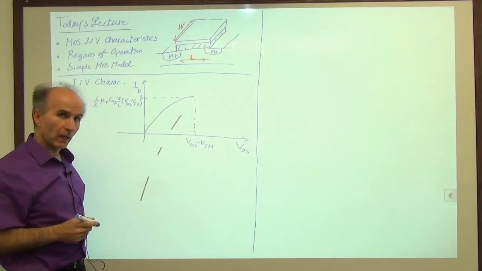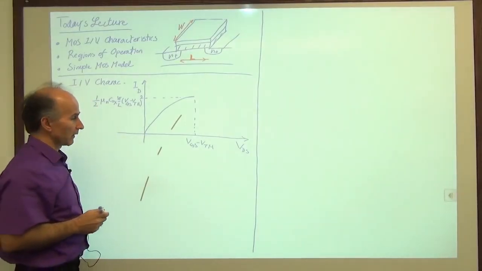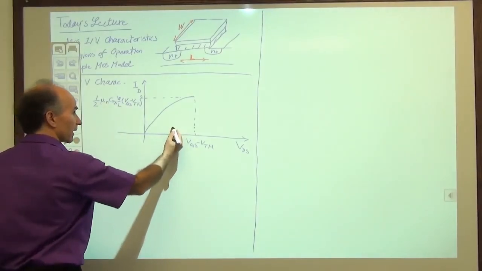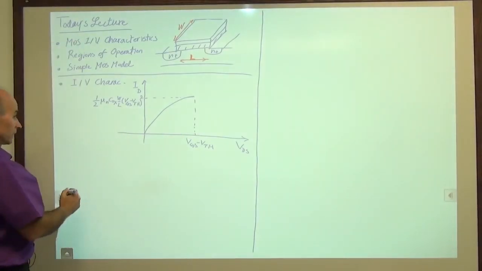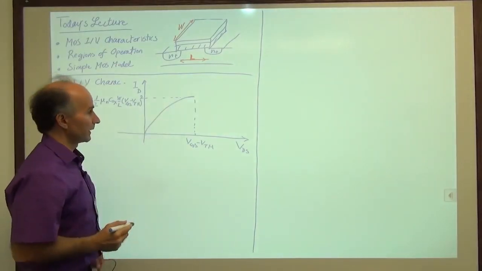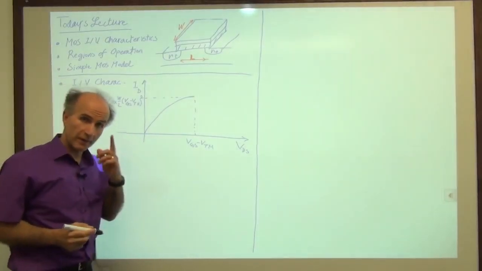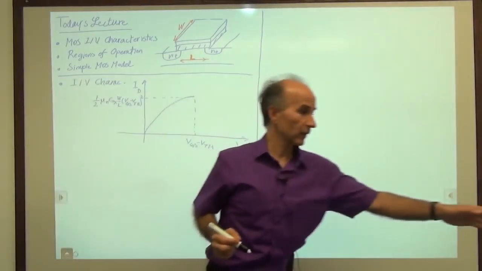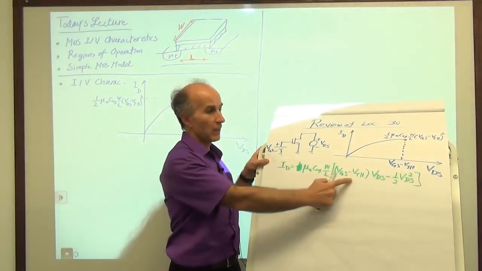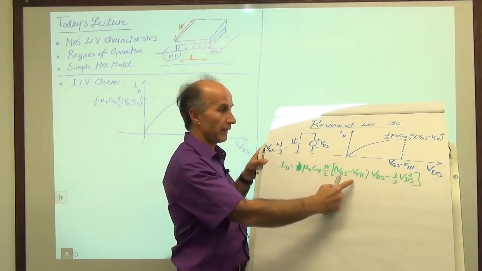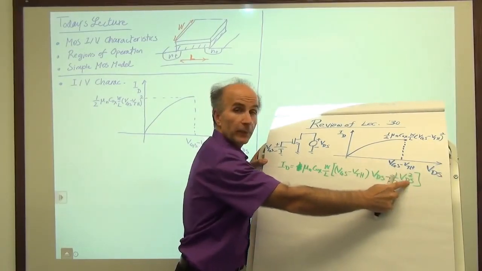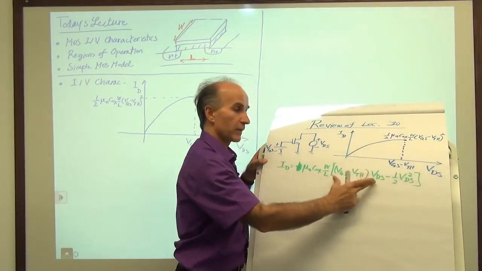Now, we mentioned last time briefly that the equation of the parabola, meaning for the entire characteristic from here to here, can be simplified in one special case. So let me go back to that equation and show you how we can simplify it. In this equation, if VDS is small enough, then this second order term will be negligible compared to this first order term.